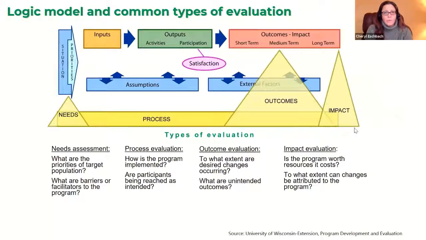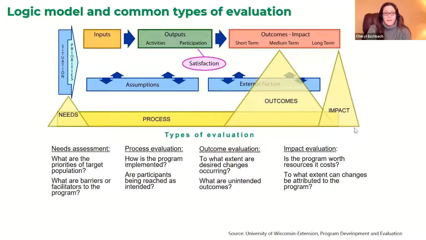What do we use these for? One, it's good to communicate your program, but two, it can really help you evaluate what's meaningful and important. So you'll see here, the yellow are all the different types of evaluation activities we do in extension, and then the logic model leading us through that same chain of events.